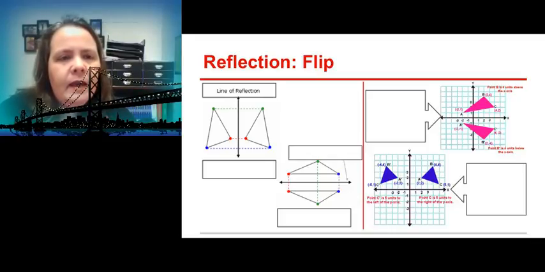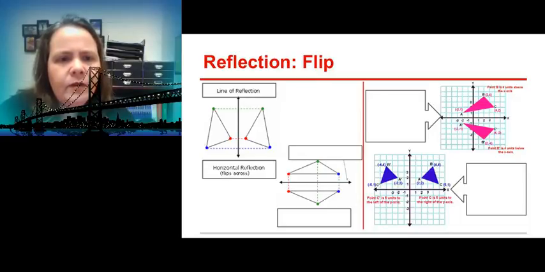And those segments are horizontal. So that's what makes this a horizontal reflection. It's like we flipped it across that line of reflection. If we folded that figure across the line of reflection, those points would lay on top of each other. So each one of those points is the same distance from the line of reflection.